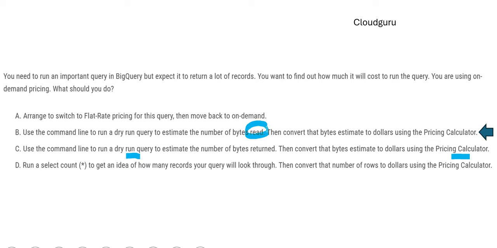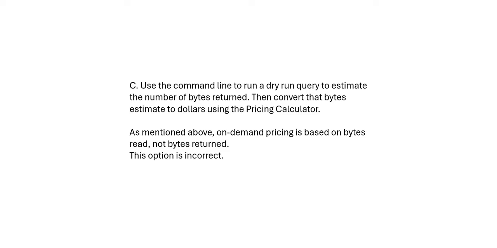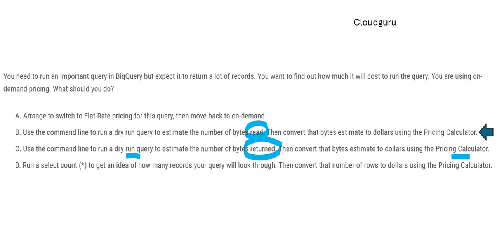C is saying I will base my estimate on the number of bytes returned. The logic behind on-demand pricing is that it is only based on number of bytes read, not returned. That is the way Google has defined on-demand pricing. That is why C is wrong.